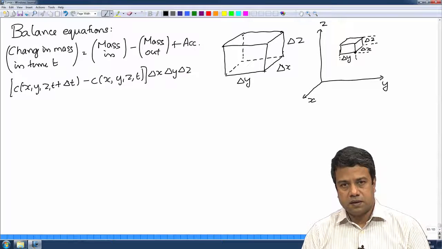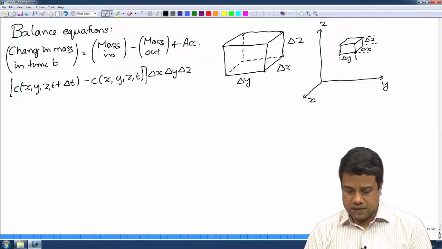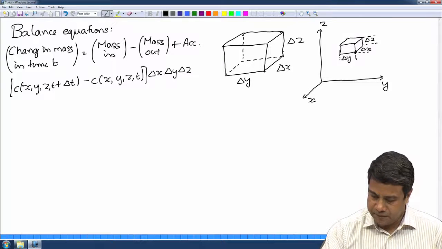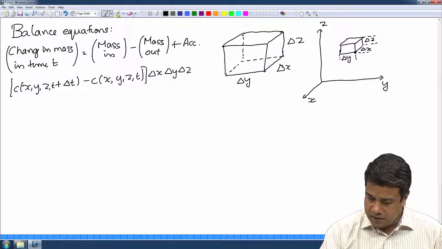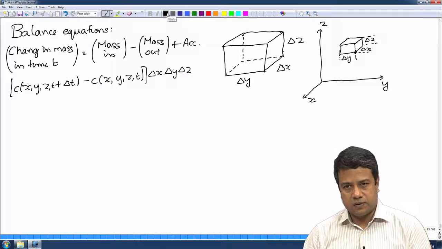So, that is the first term, the change in mass in time t. On the right side, we have the mass coming in and the mass going out.